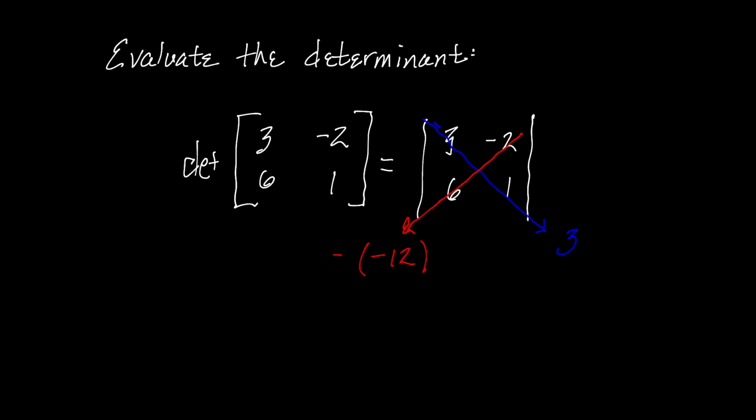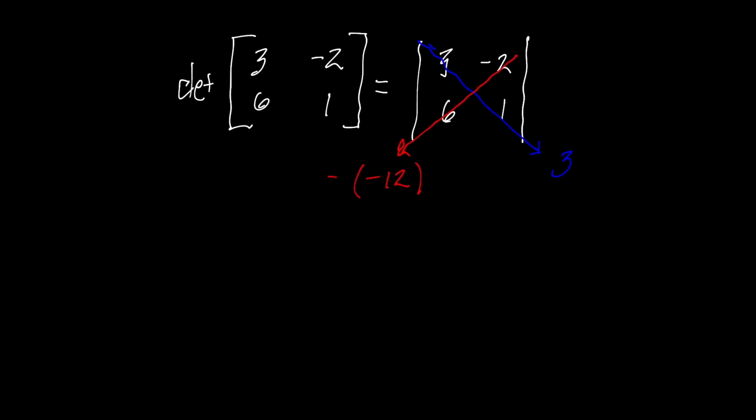So when I figure out this determinant, it's going to end up being 3, my blue number, minus negative 12, or plus 12. A lot of students will just write down 3 plus 12, but we find out the determinant of this matrix must be 15.